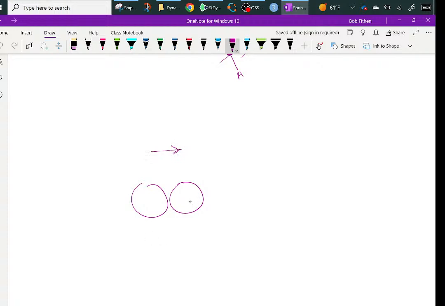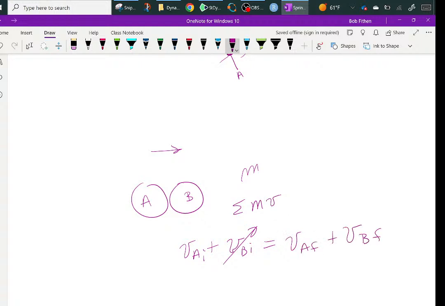Say this is A and this is B, they have the same mass, so you don't even have to worry about this. So VA initial plus VB initial, which is nothing, is equal to VA final plus VB final, you're canceling the mass out because they're the same mass. This is the sum of the MV.